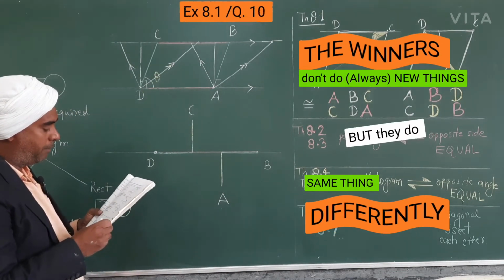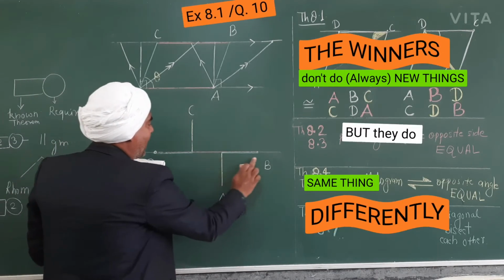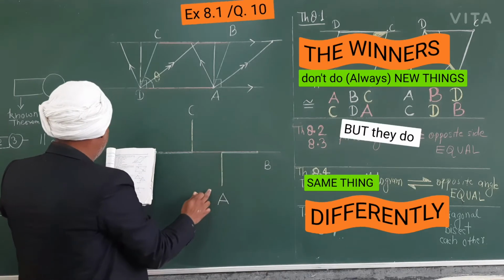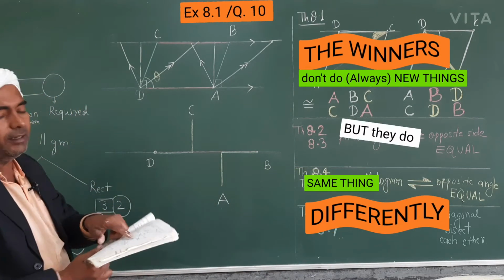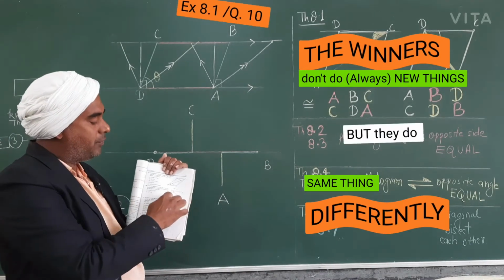BD, then A. Suppose BD is a diagonal, and it is written. Actually, don't rely completely on this figure.